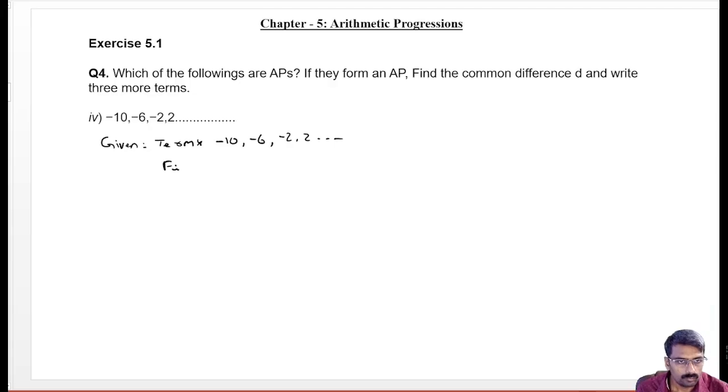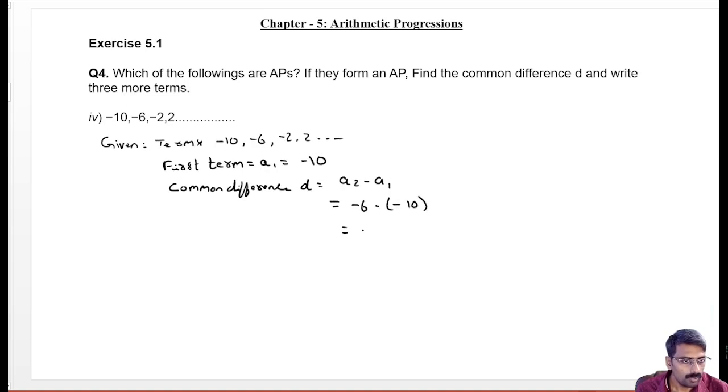First term a1 is equals to minus 10, and common difference D would be equal to a2 minus a1, that is equals to minus 6 minus of minus 10, which would be equal to minus 6 plus 10, that is 4.